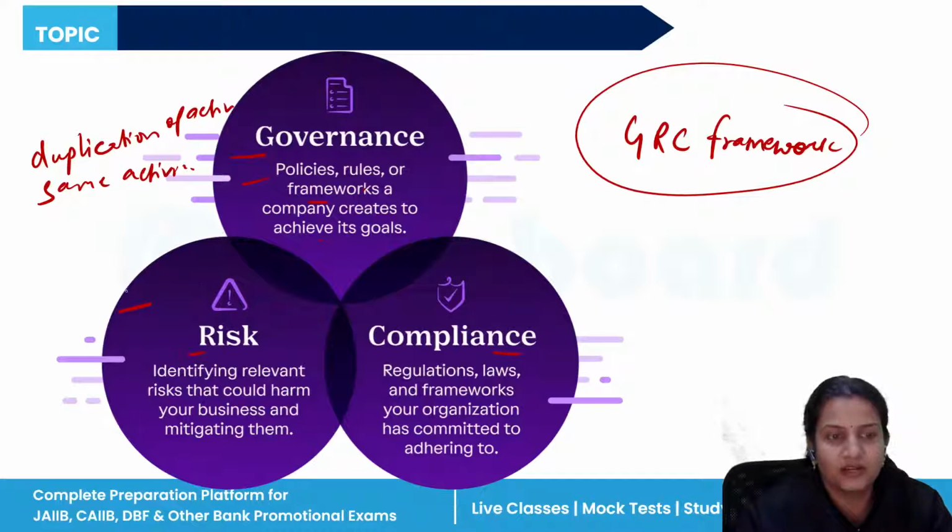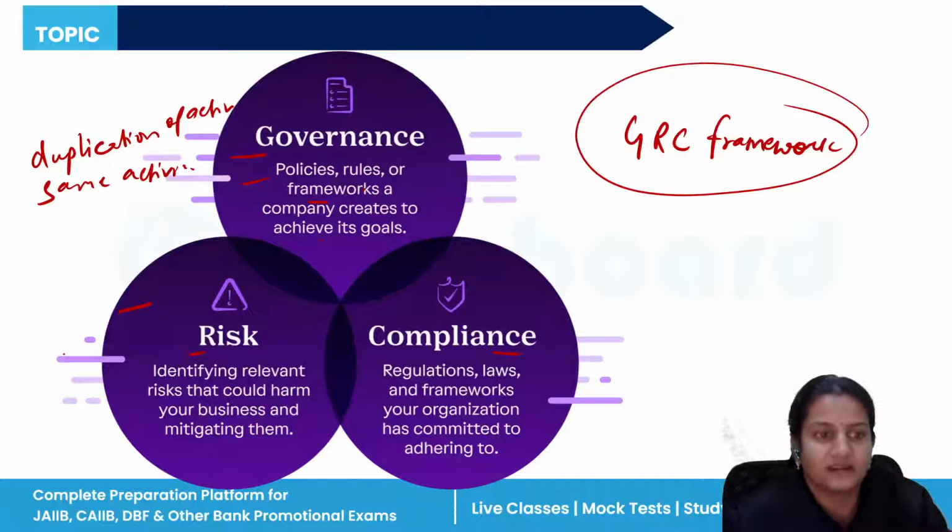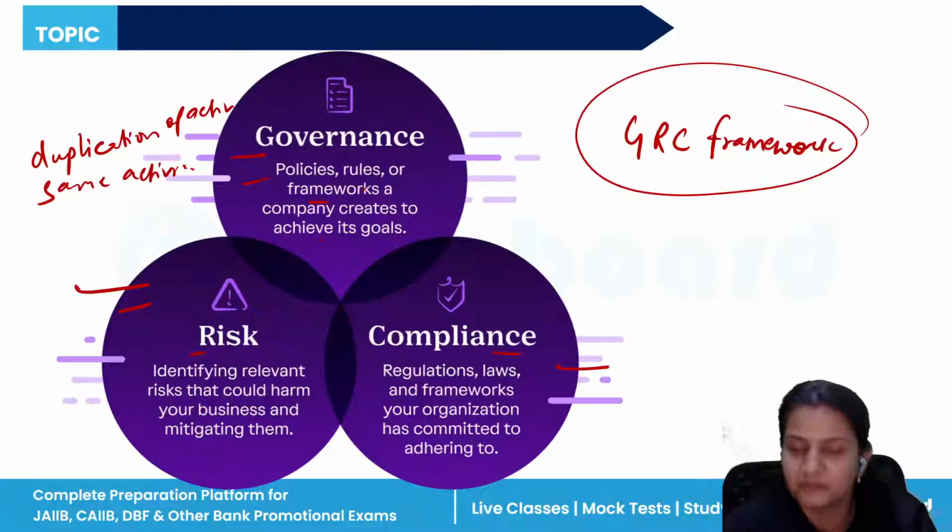Risk is, definitely, in a business organization, in any banking sector, in any type of institution, risk will come. Identifying the relevant risks, assessing the most relevant risks, and working to minimize those risks in the organization are all the tasks related to risk and compliances.